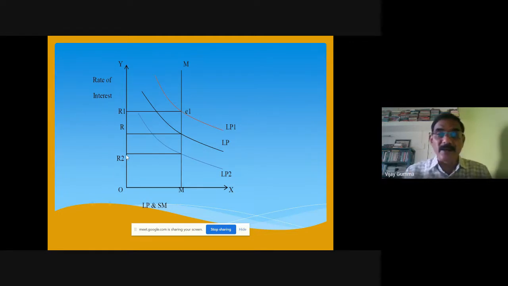See, the ISLM model is a combination of the classical loanable funds theory of interest and the Keynesian theory. The classical loanable funds theory of interest states that the equilibrium rate of interest is determined by the equality between saving and investment. But on the other hand, according to John Maynard Keynes, that is the liquidity preference theory of interest, the equilibrium rate of interest is determined by the equality between the demand for money and supply of money.